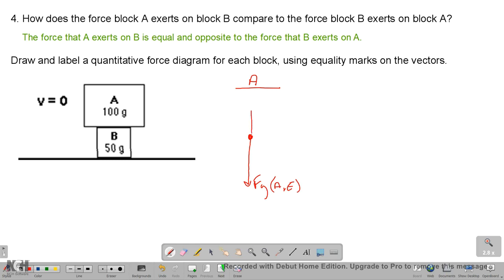And then the force that opposes that, it has to be equal here because A is not moving vertically. This would be the normal force that's acting on block A from block B. Now we'll switch over here to block B.